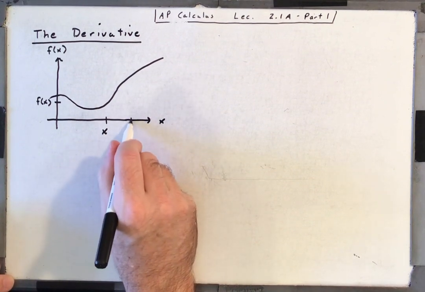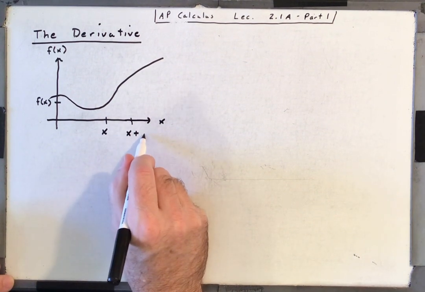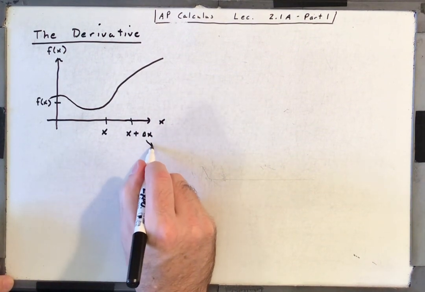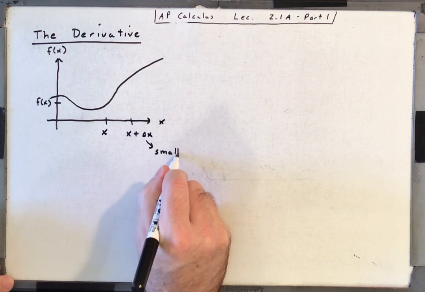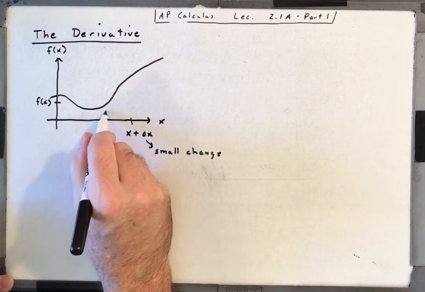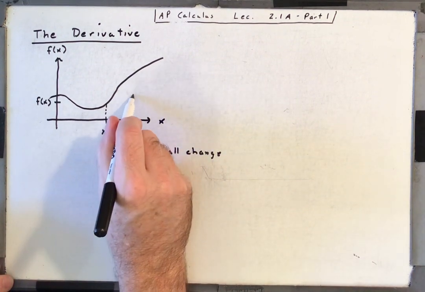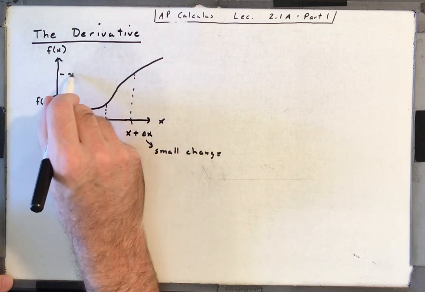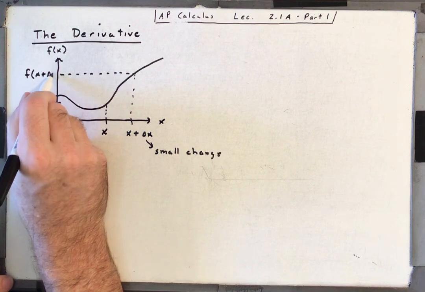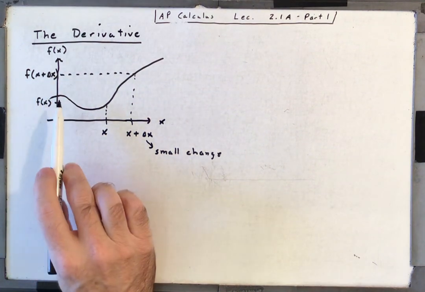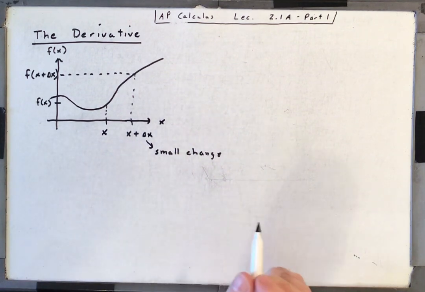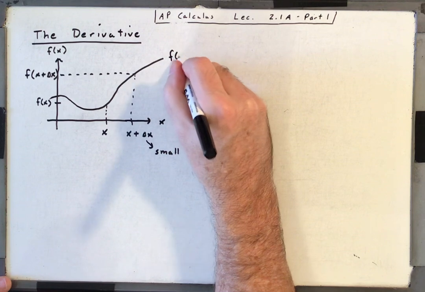Then we pick a small change, x plus delta x, where delta x is a small change. So this value right here, where it crosses the y-axis, is f of x plus delta x. Instead of using t's, we're using x's because it's not always time we're trying to figure out.